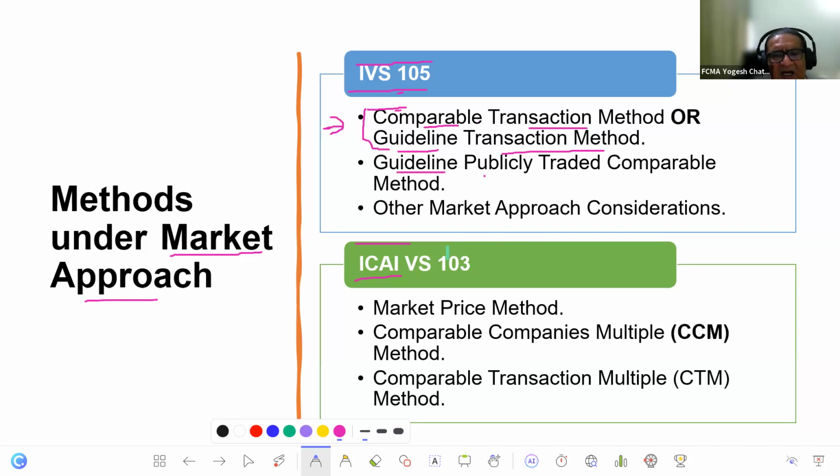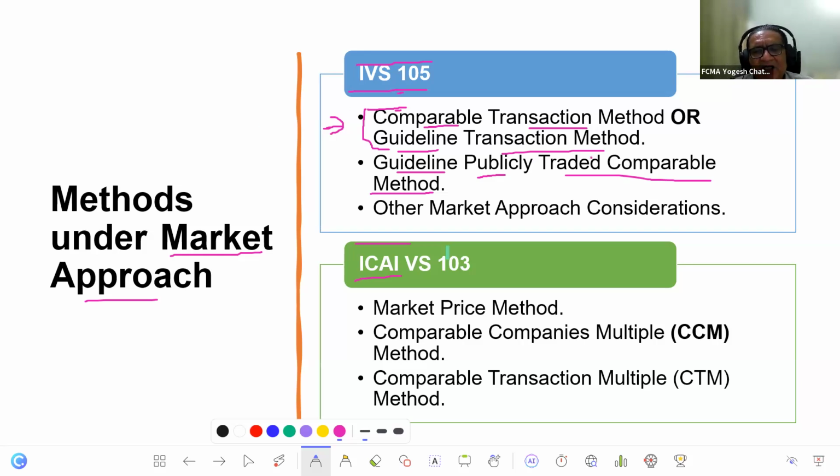Then there is the guideline publicly traded comparable method. Wherever we are able to get the prevailing price from the public domain, we can make use of that. One example is if I am making a valuation of equity shares of a listed company, whose shares are publicly traded on the stock exchanges.